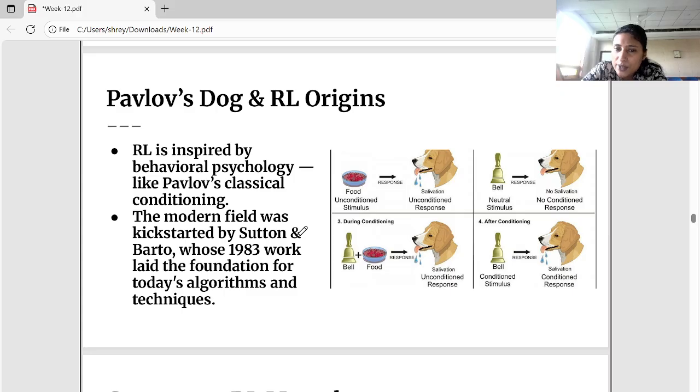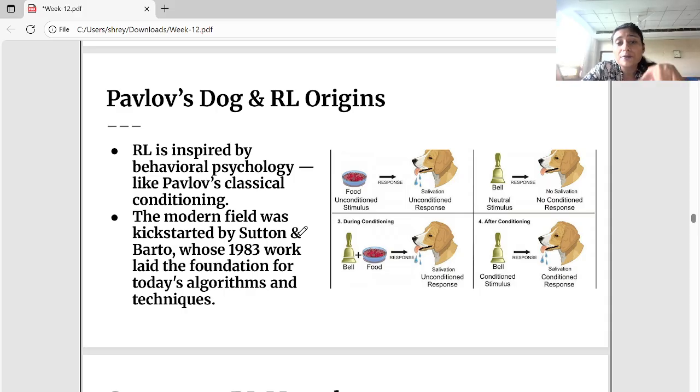When the food is there and the dog comes, the dog starts salivating. This salivation means that the dog wants to eat the food. Okay, no problem. Now they replace the food with a bell, because when the dog sees the bell, it is not a thing to eat. That's why the dog was normal, no salivation was there.